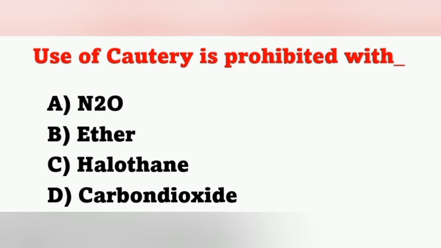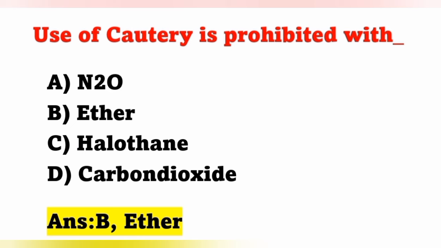This cautery is prohibited along with the use of ether. Option B is the correct answer, because ether, if used along with cautery, may cause fire. So we do not use ether along with cautery. Option B is the correct answer.